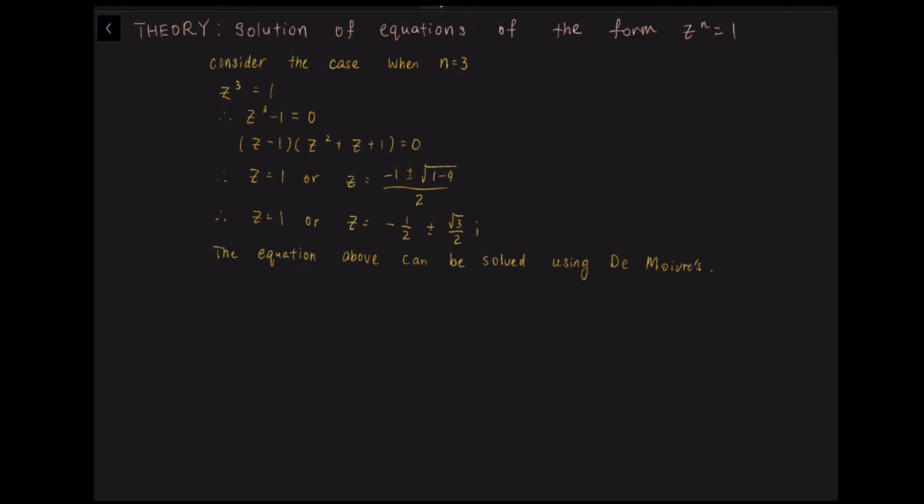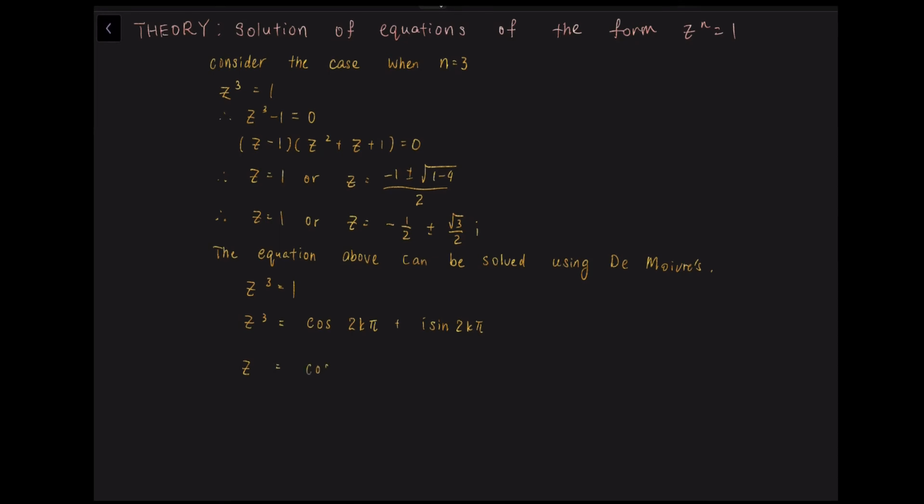So we have z cubed equals 1. And we know that 1 is cos 2 pi, or any cos 2k pi where k is an integer, say 0, 1, 2, 3, 4.